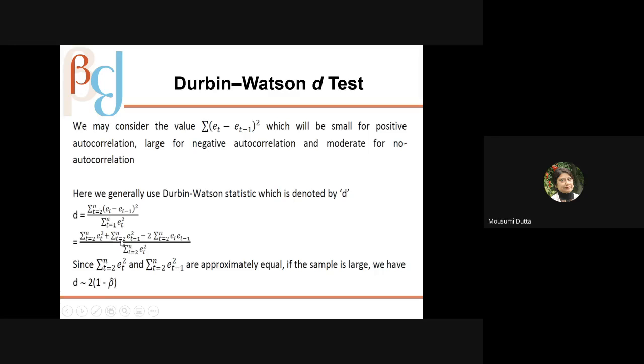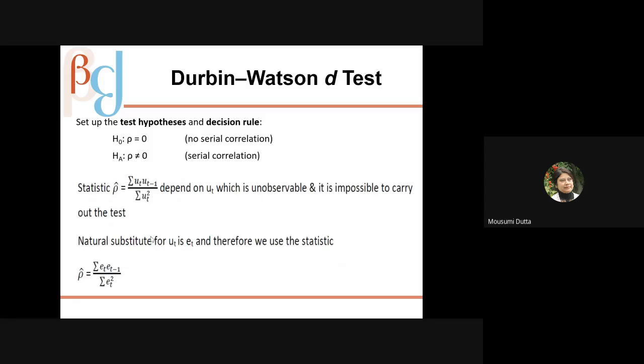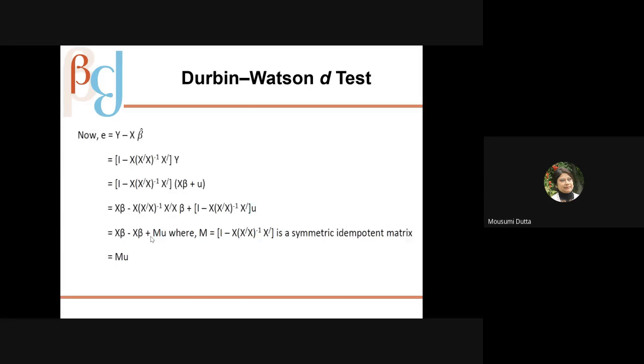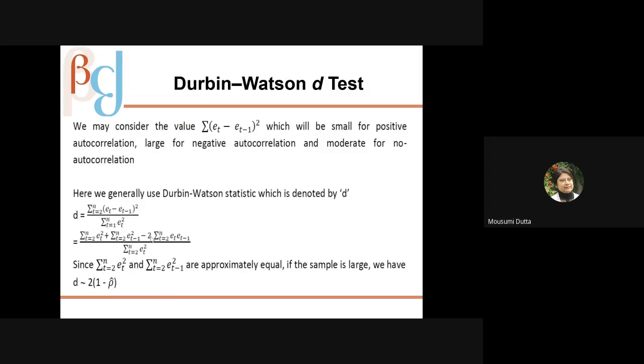So 2 summation et square divided by summation et square is giving you the value 2, and minus 2 summation et et-1 divided by summation et square is giving you the value minus 2 into rho hat. Rho hat we defined in that format: summation et et-1 divided by summation et square. So D can be presented as 2 into 1 minus rho hat.